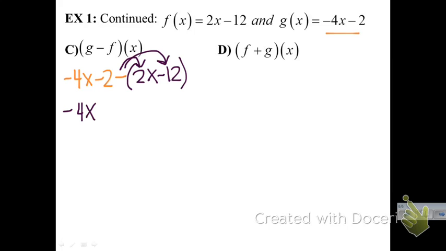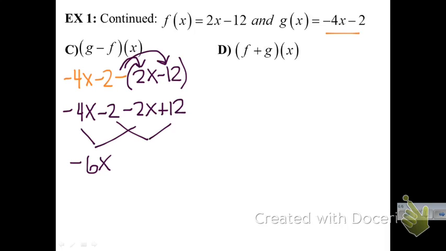So we'll rewrite it, negative 4x minus 2 minus a 2x, and then minus a negative 12 becomes plus 12. And then you'll combine like terms. Negative 4x minus 2x is a negative 6x, and a negative 2 and a positive 12 is a plus 10.